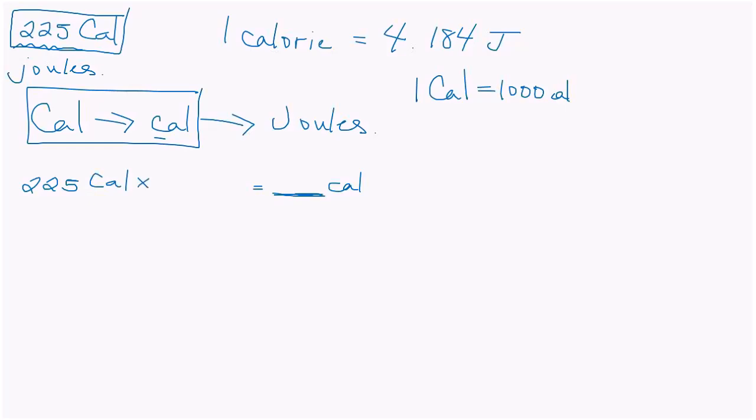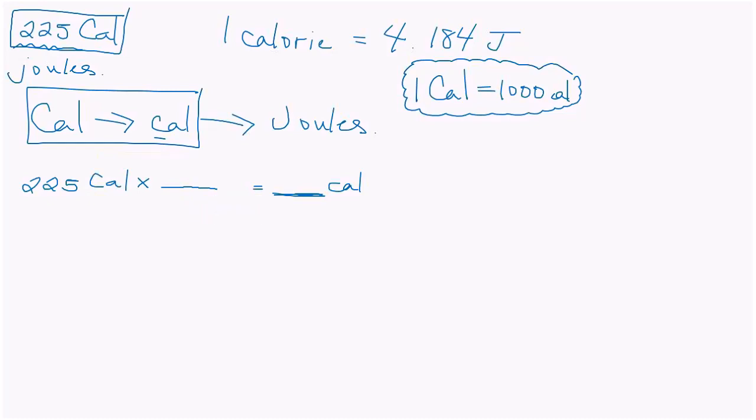And when I'm doing dimensional analysis, I'm going to use a conversion factor in the form of a fraction. The conversion factor is that 1 big calorie is equal to 1,000 little calories. Now the question is, where do I put my units? Where do I put my big calories? Do I put it at the top of the fraction, up here in the numerator position, or do I put my big calorie units at the bottom?